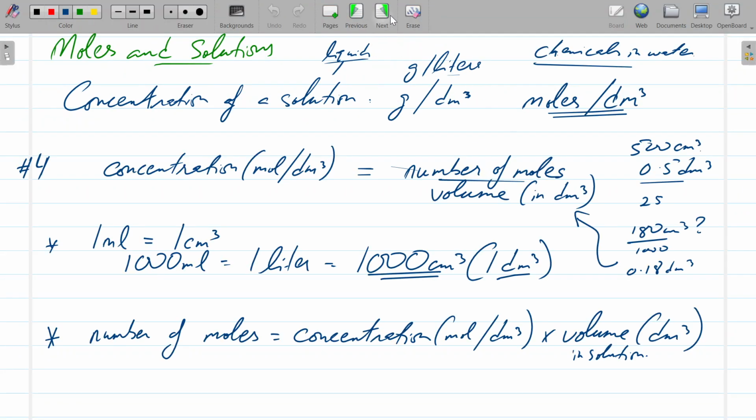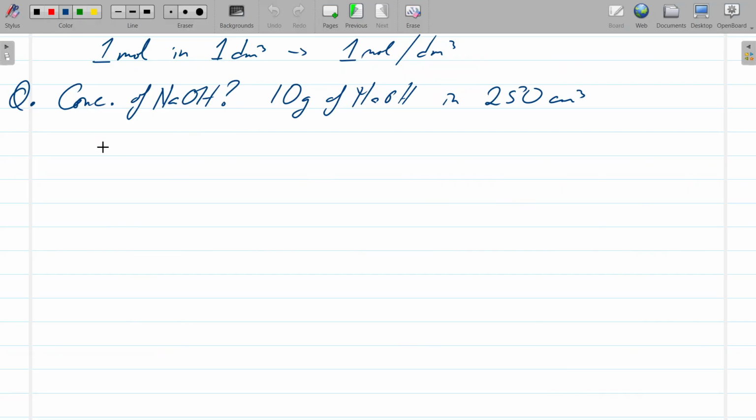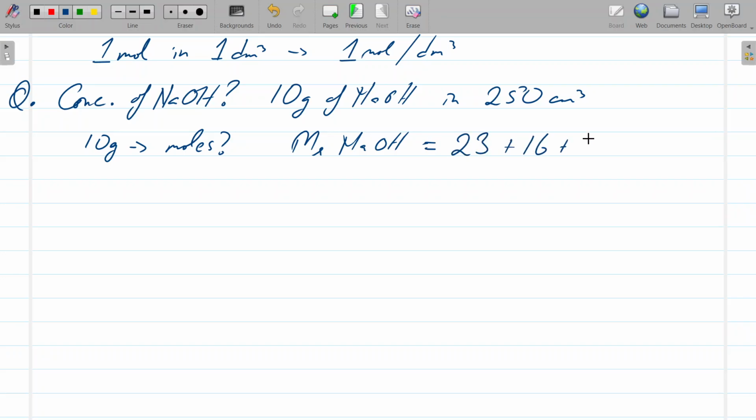So first of all, we got 10 grams, and so how many moles is 10 grams? So 10 grams in moles. First of all, we need the Mr of NaOH. Sodium is 23, oxygen is 16, and hydrogen is 1, and that gives us 40.